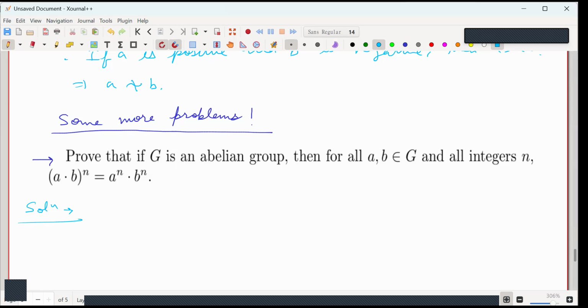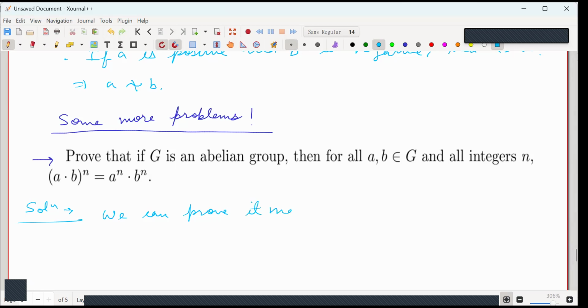So can we use mathematical induction for it? You know induction, right? Yes, sir. So we can prove it by using mathematical induction.